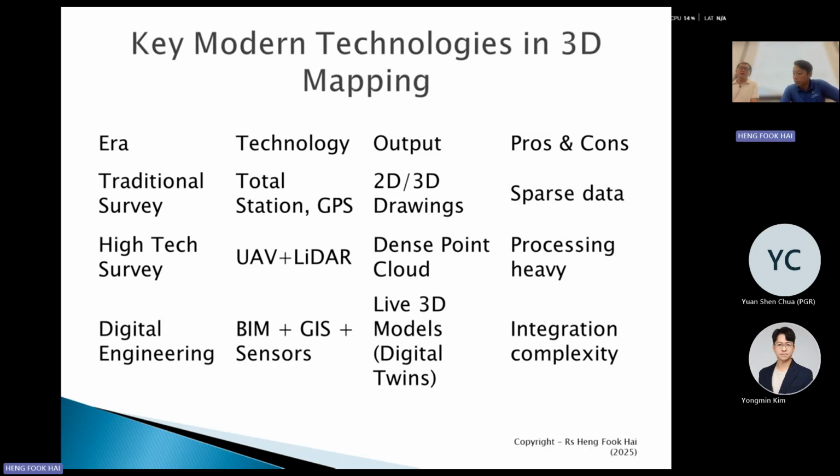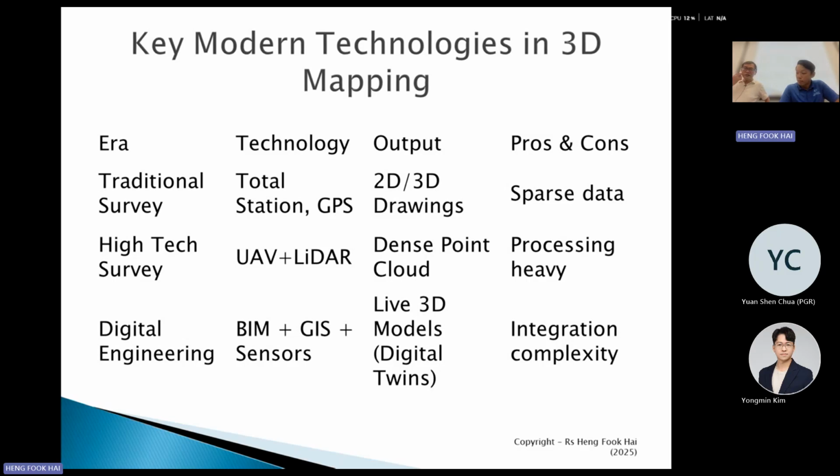So it's actually good, if you use total station and GPS, it's meant for collection of control points where you need a lot of accuracy. And for the other one, UAV and LiDAR, the cloud collections, the data collection is very dense. However, the disadvantage that we have here is we have a lot of heavy processing. So you need a very powerful computer to process all the data that you have been collecting.